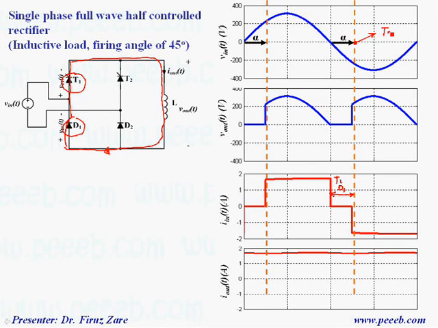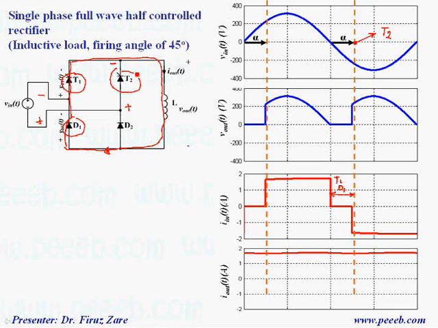but when we apply gate signal at this firing angle into the second thyristor, because the input voltage is negative, as we can define based on this polarity, if you look at the voltage across the second thyristor, this terminal is basically negative and this terminal is basically positive, so we have positive voltage across the second thyristor.